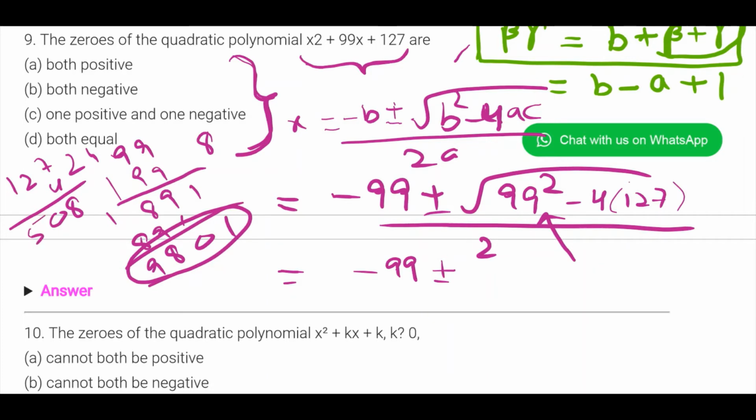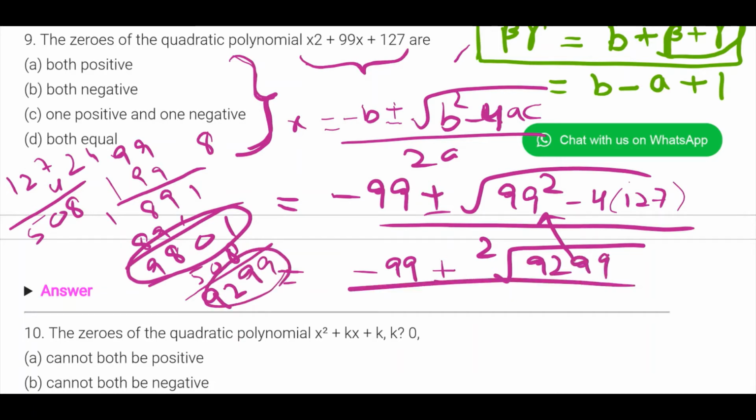So it would be the square root of 9801 minus 508, which gives 9293, by 2.